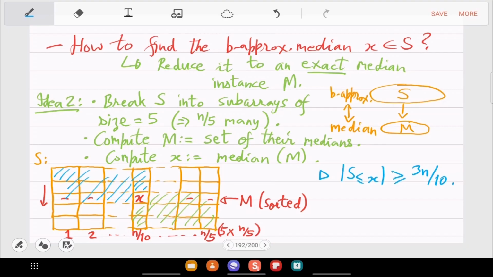So this x is so beautiful that at least 30% of elements in S are smaller. And symmetrically the green part. Okay. So which means that x is a 30% approximate median.